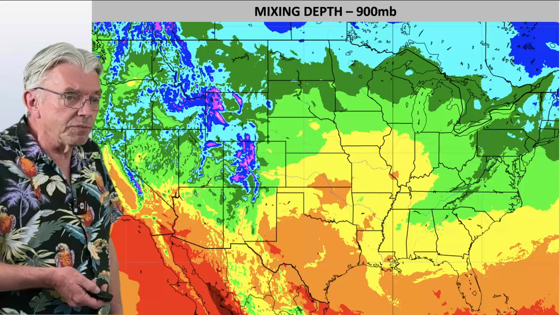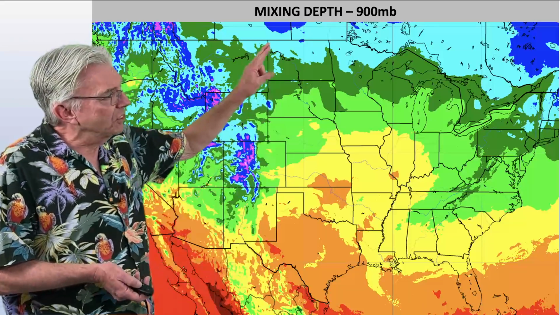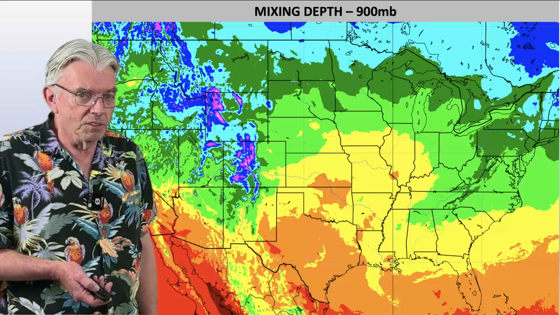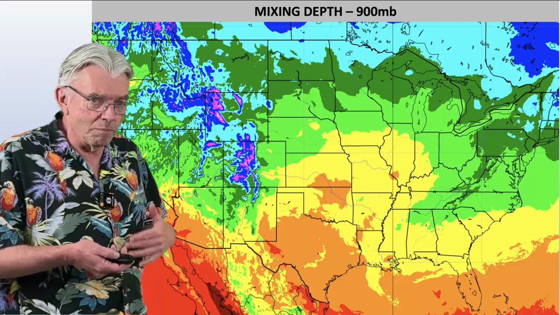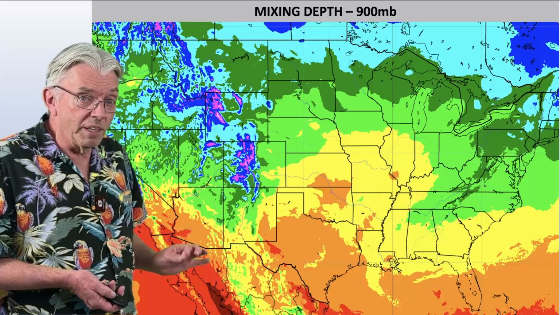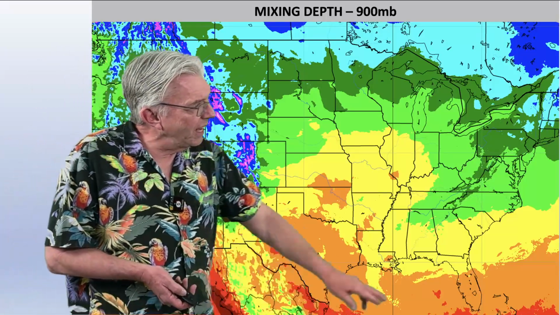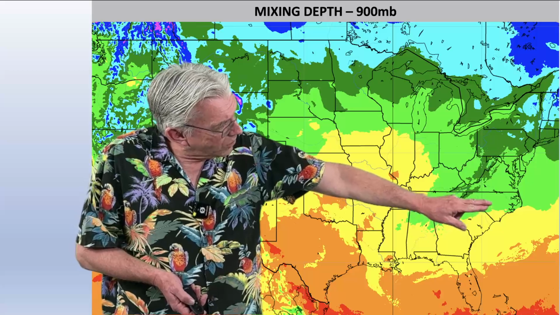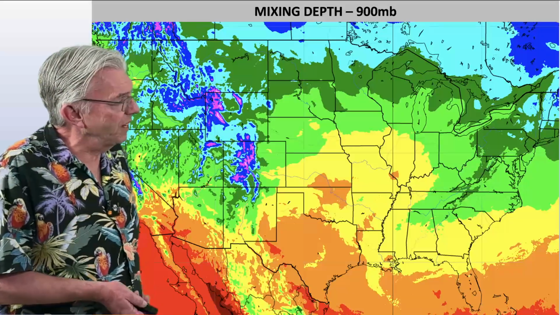So I took 3 different levels just for fun. I started off at 900 millibars, okay, so if the atmosphere today would have mixed down from 900, then this is what the result would have been according to numerical model forecasts. Now the yellows are 60s, and you can see that it doesn't quite get Raleigh to 60, but we made 66 today. So it mixed down from a little bit above 900 millibars, more than likely, and then you also have the RDU effect, which probably added a degree or two to the temperature.